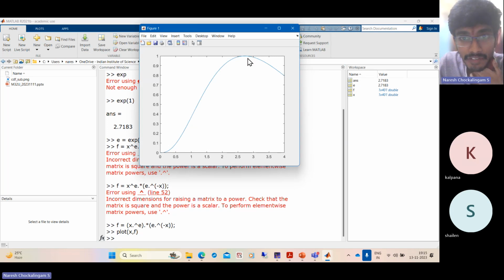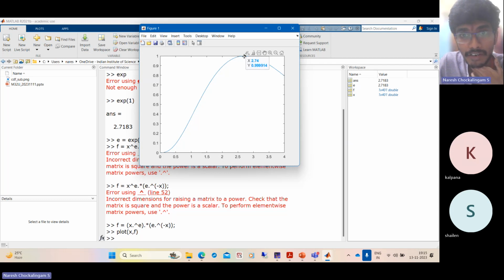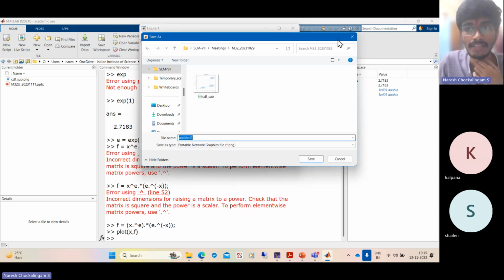So the maximum, if you see, is somewhere here. Yeah, so the answer is around 2.72, 2.74. So that is fine. So our answer is right.